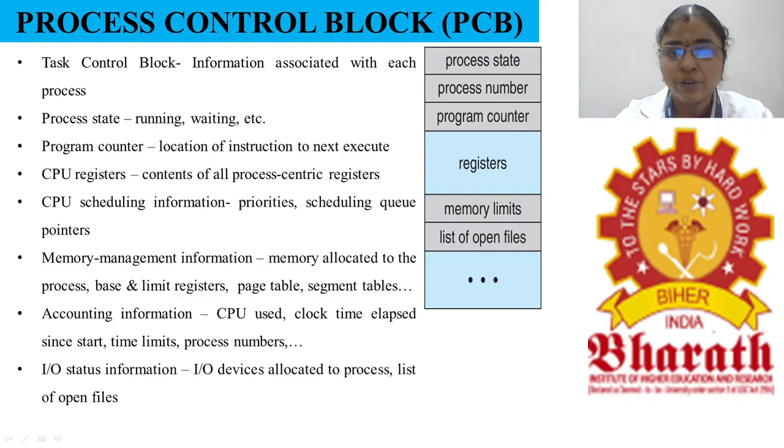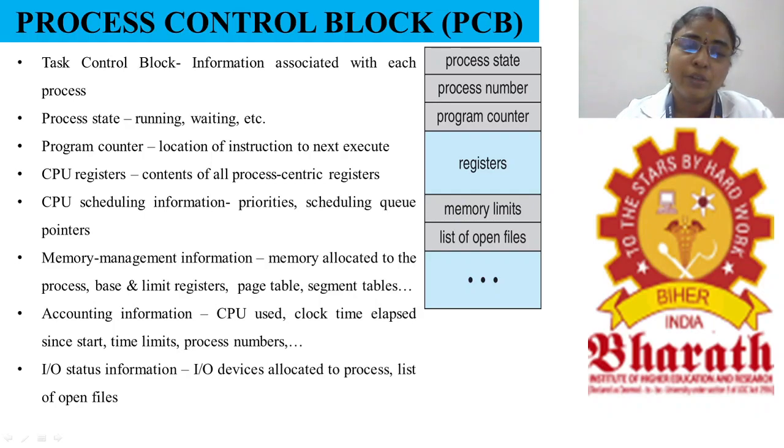Generally the base register contains the starting address of your process and the limit register contains the range of your process, and whether we are using a page table or a segment table. Depending upon the operating system architecture, this memory management information will vary.